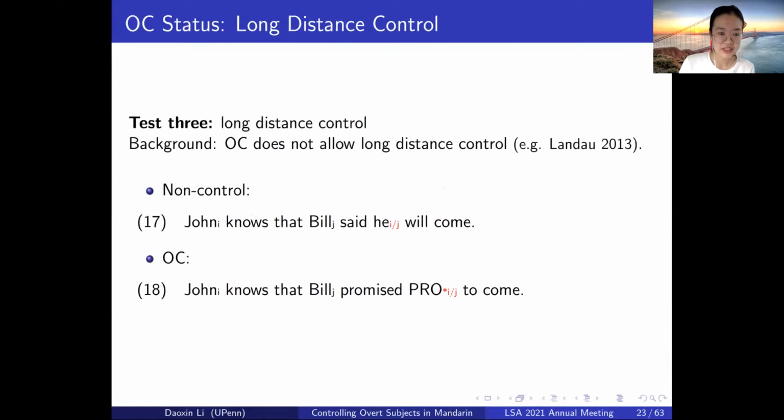And the third test is long distance control, which is not allowed in obligatory control. So in the non-control construction in 17, John knows that Bill said he will come. He could be either Bill or John. But in the control construction in 18, John knows that Bill promised to come. The big pro can only be Bill, not the long distance John.